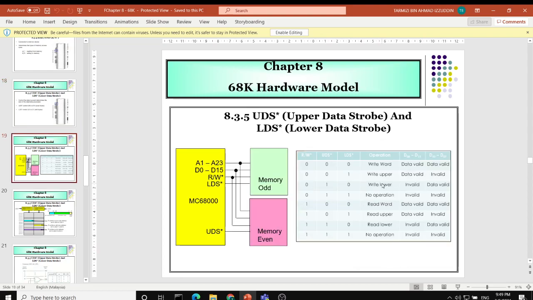This can be seen here. Okay, so as I mentioned, you have your odd memory space and even memory space. Based on UDS, LDS, and RW, you can tell the external peripheral, the memory, whether it be your RAM or your EEPROM, where to write and when to write. Okay, for example, when all pins are 0, you are telling the memory to write a word at both the odd and even space.